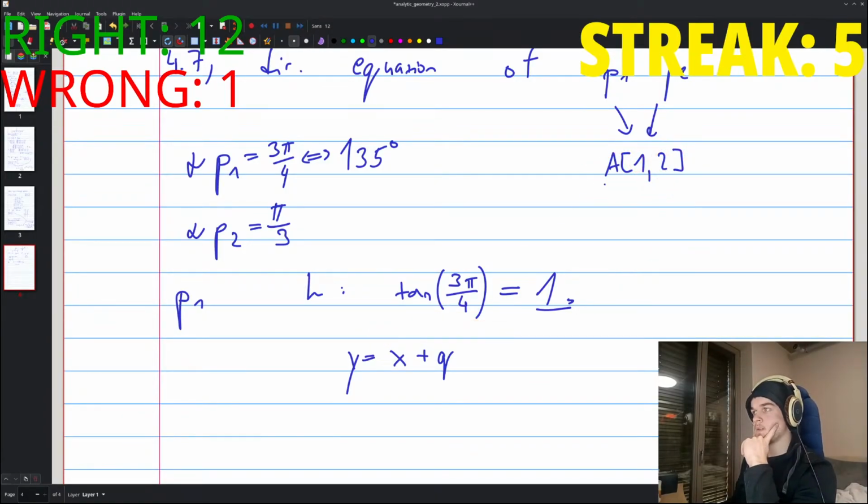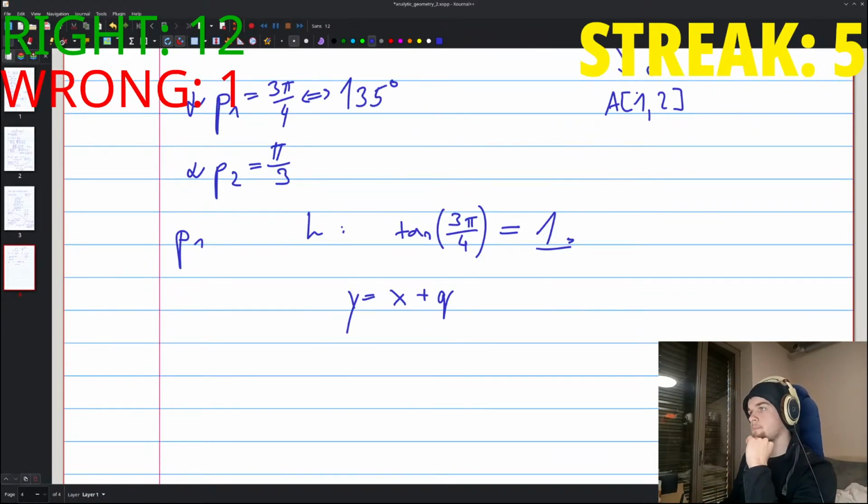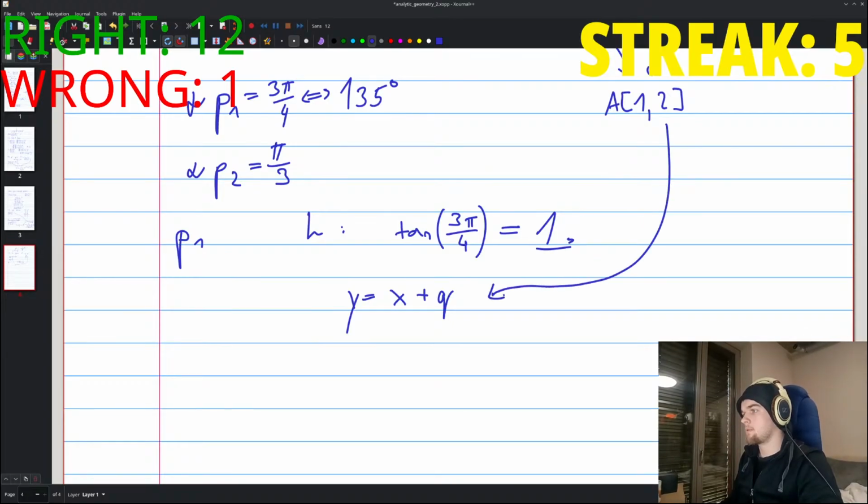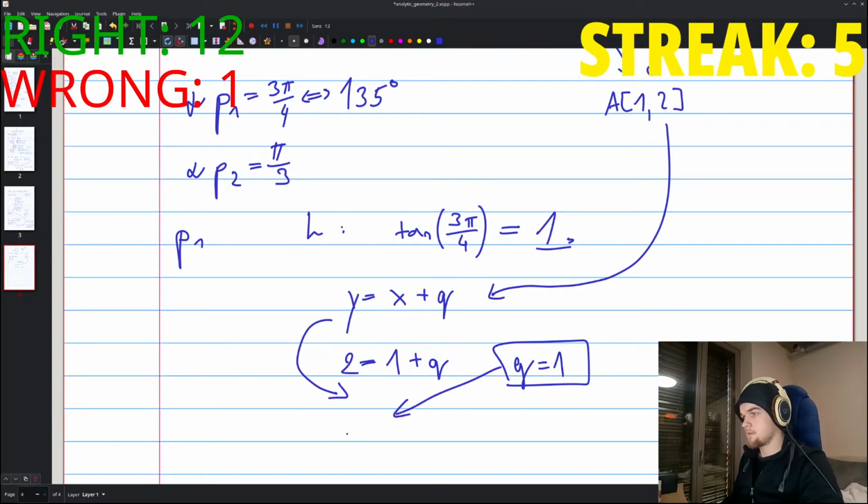Yes, I think so. We'll just input it in here. 2 is equal to 1 plus q, which leads to q is 1. So that yields y is equal to x plus 1.